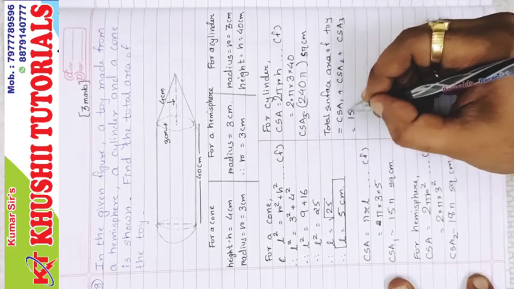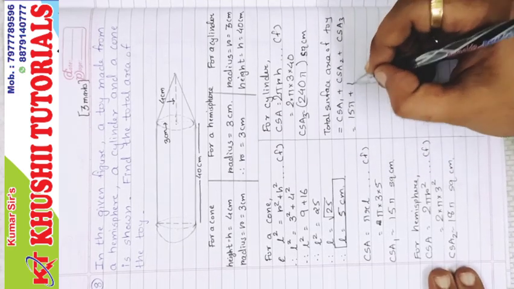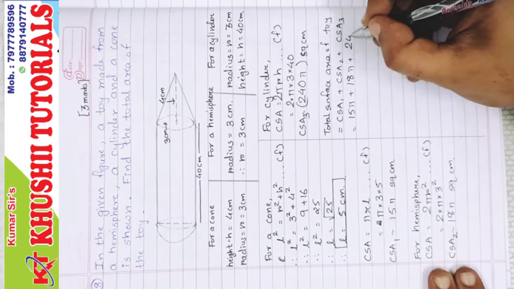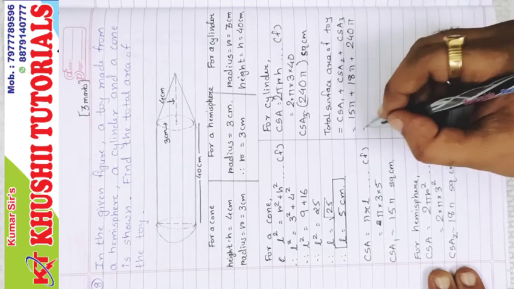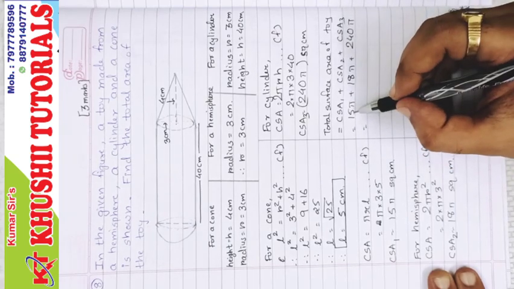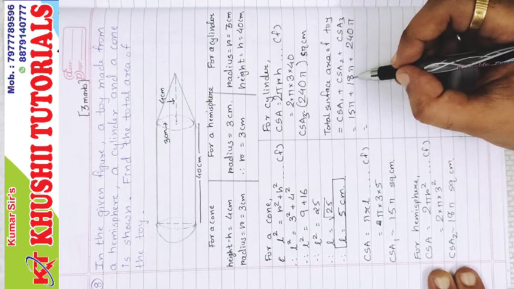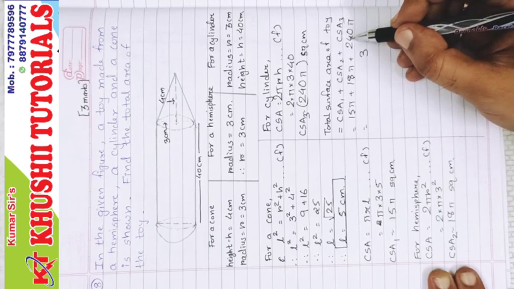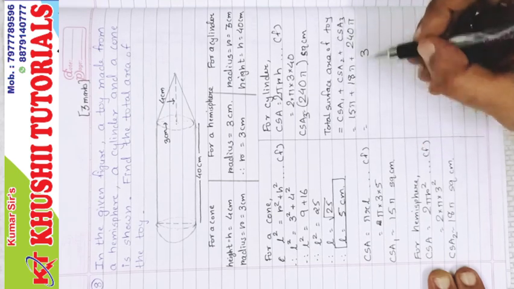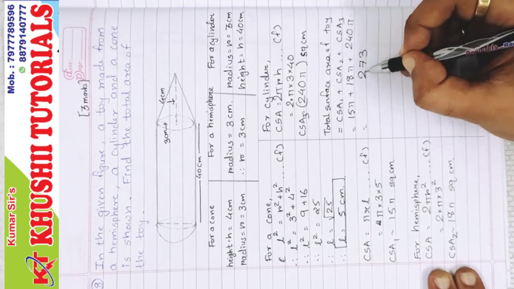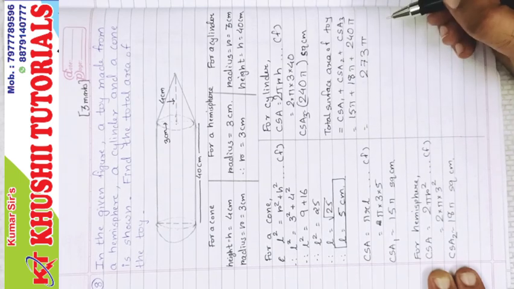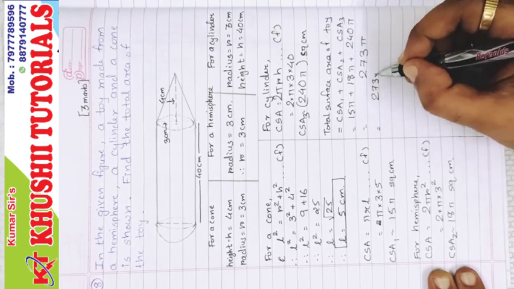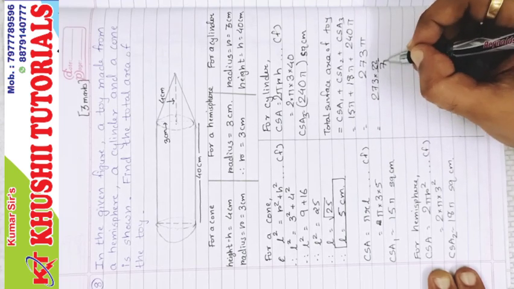CSA 1 is 15 pi, CSA 2 is 18 pi, and CSA 3 is 240 pi. 5 and 8 is 13, 13 and 0, so 3 and 1 carry, 3 and 4 and 1 is 5, 6 and 7 is 273 pi, equal to 273 into 22 by 7.